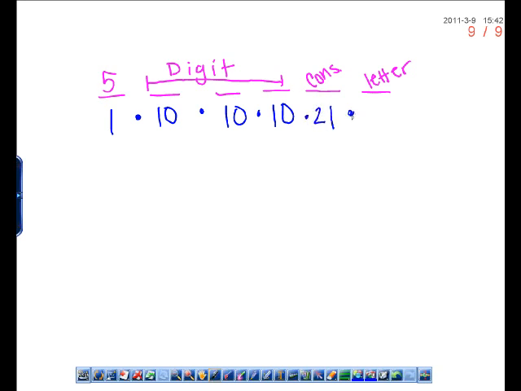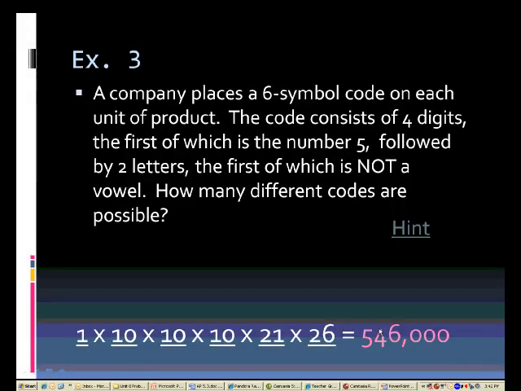And what about the last one? So what are we going to do with all of those numbers? We're going to multiply them. Okay, the counting principle tells us that we're going to multiply all the different possibilities. So when you multiply these together, what are you going to get? 546,000.